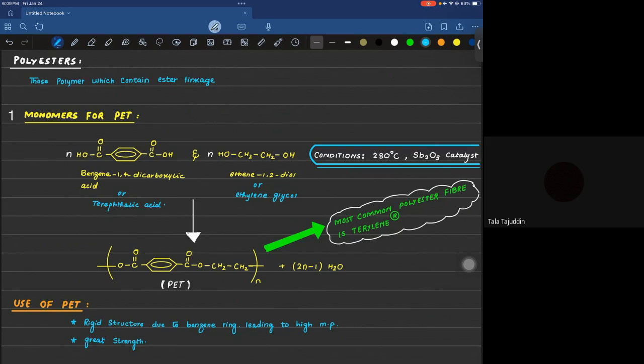The temperature should be 280 degrees Celsius specifically, and the catalyst should be antimony oxide. The first monomer is benzene-1,4-dicarboxylic acid, which has two carboxylic acids, and then ethane-1,2-diol, another monomer which contains alcohol as a functional group.